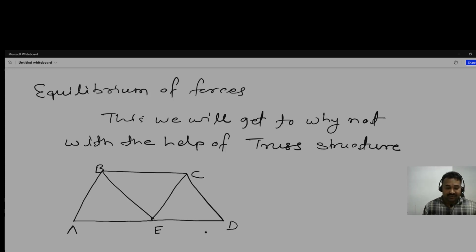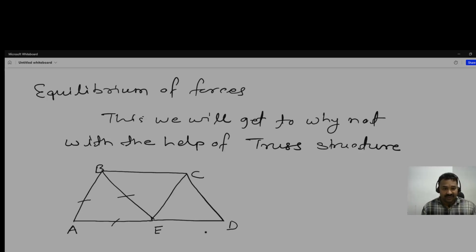And joints, as the truss is made of a number of triangles. So there are three triangles, and the one triangle, this is the A. One triangle is made of three members, like this one, this one, this one. And how is it loaded?